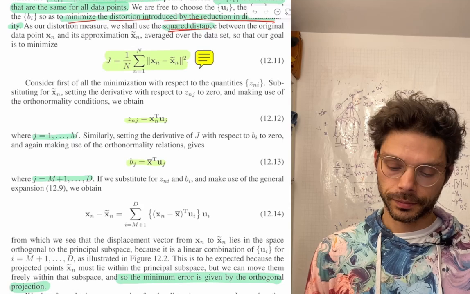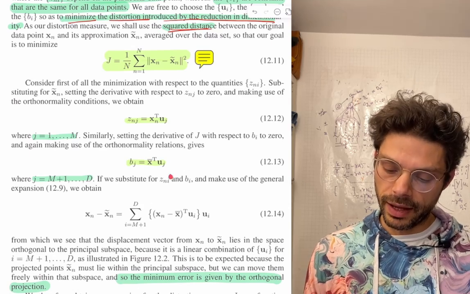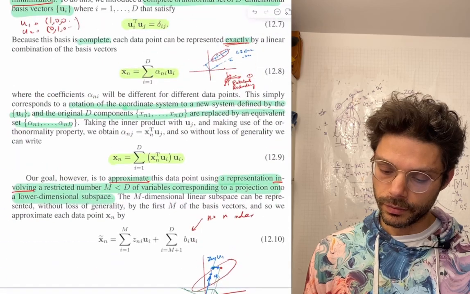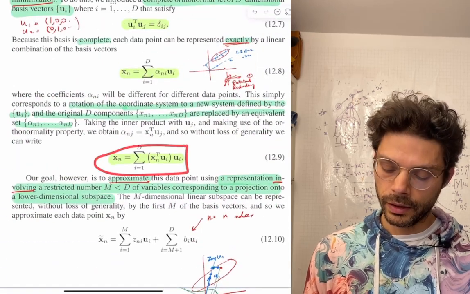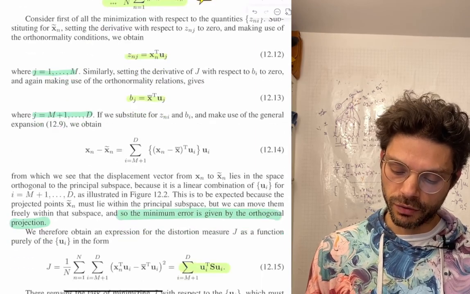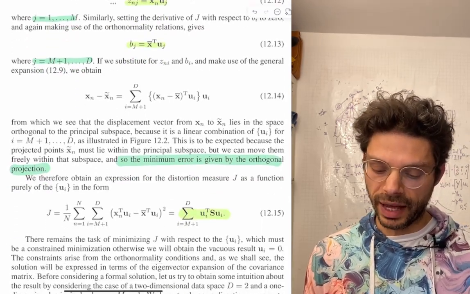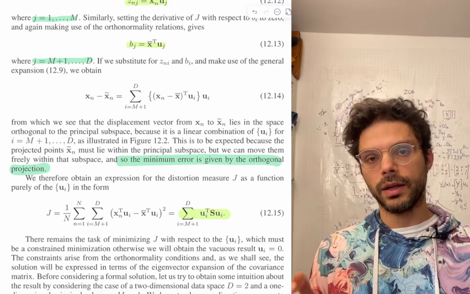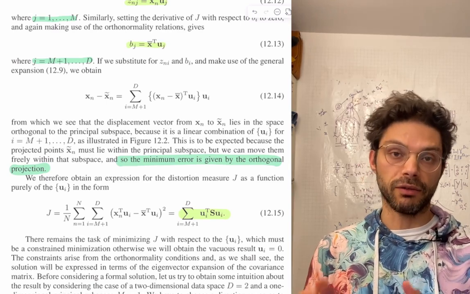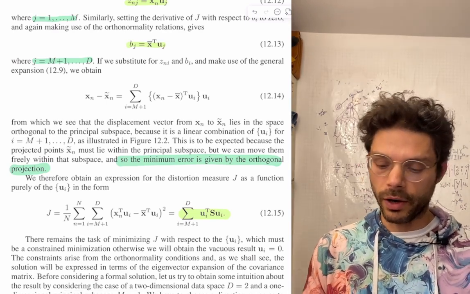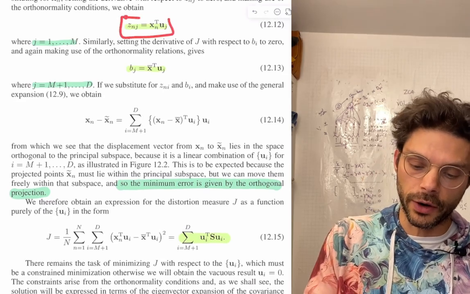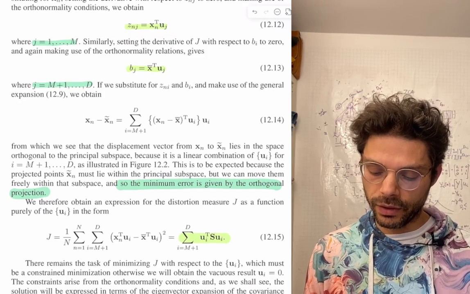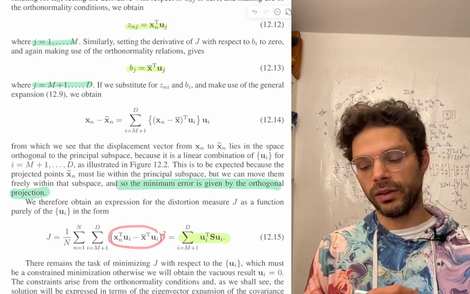Okay. So now if we substitute z_ni and b_i and make use of the general expansion, this one right here, you'll very easily see what's going to be left. The components of x_n that lived in the first m dimensions, we've already captured exactly.